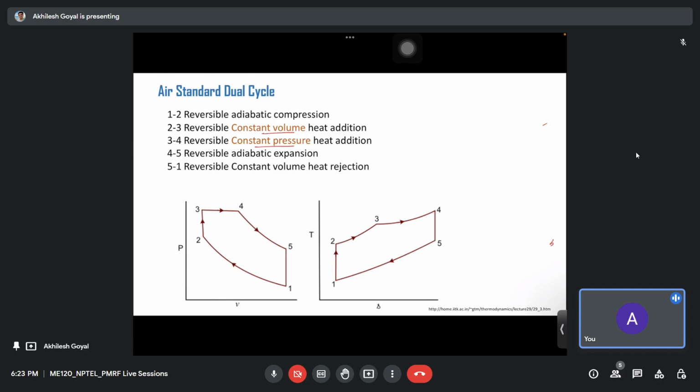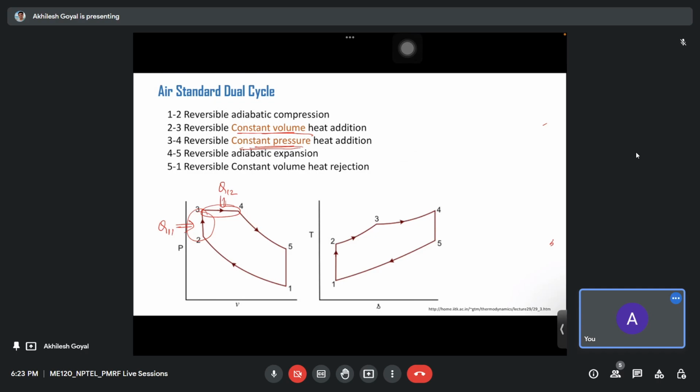So first some amount of heat is added at constant volume, and then the remaining amount of heat is added at constant pressure. So that can be seen here. Here heat Q11 is added at constant volume, and here heat Q12 is added at constant pressure. So it includes the advantages of both the Otto cycle and diesel cycle.